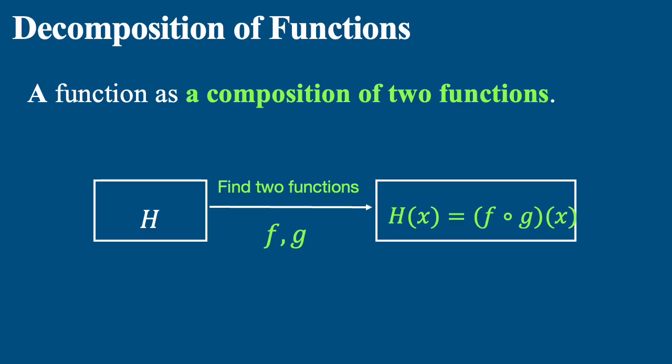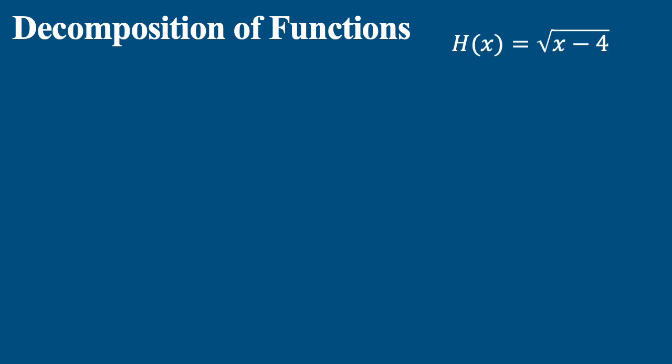Let's have the first example. Here is a given function, h of x is square root of x minus 4. We're going to find two simpler functions to make a composite that gives h of x. But remember that there is not just one way to do this, it's up to you. You're going to find what the simpler functions are.